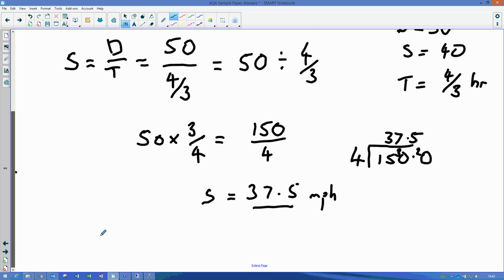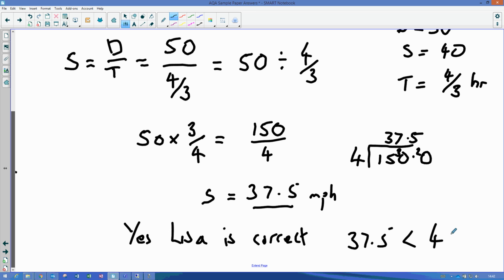She's saying she's going to go faster than that. So if she goes faster, she'll get there early, which means yes, Lisa is correct. Because 37.5 is less than 40.